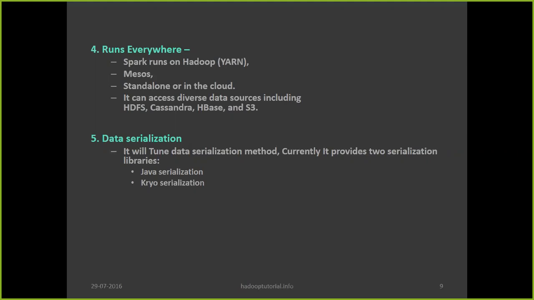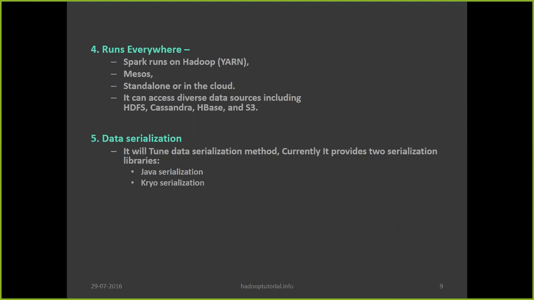This is not a limitation of Spark or Hadoop. It is there from computer networks concepts itself. In any network, if you have to transfer data from one machine to another machine, that should be in binary format, meaning in serialized format.